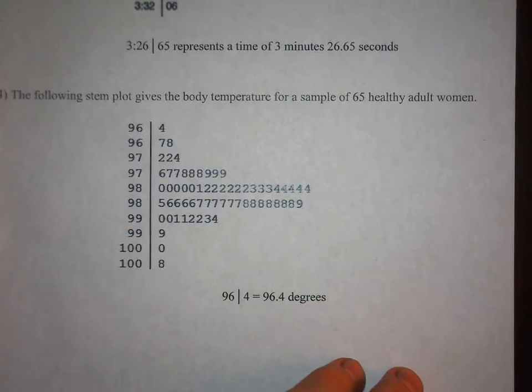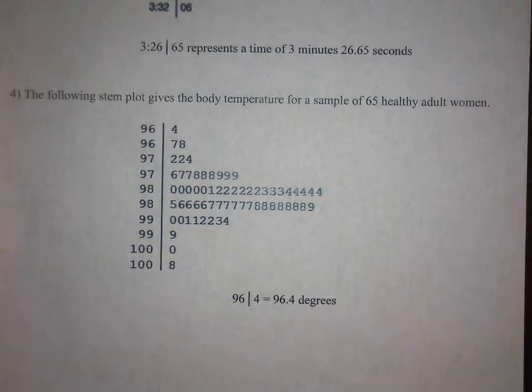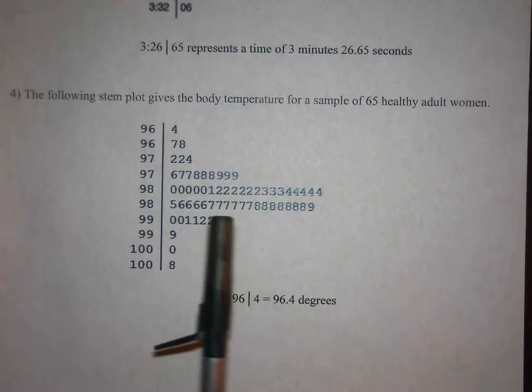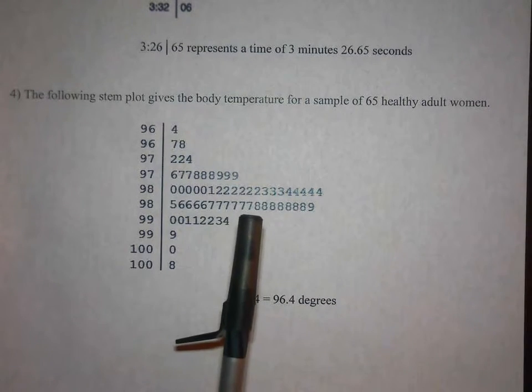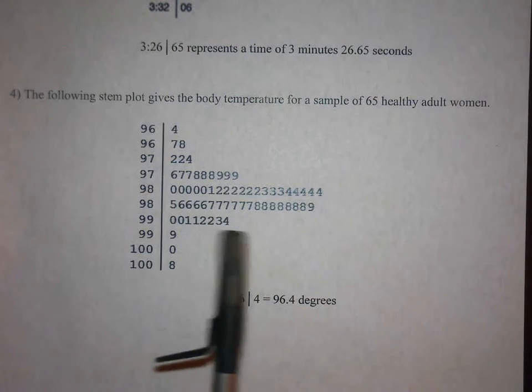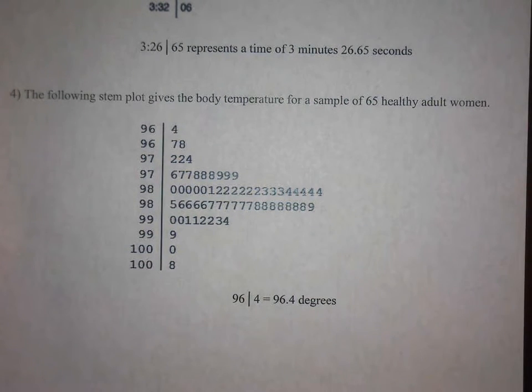Okay, then the last one, this is similar to the first one, giving body temperature for 65 healthy adult women. And you have the key down here, 96/4, meaning 96.4 degrees. What I point out on this one is when you're looking at all those values in there, I could ask you what the median is, what the mode is, which one occurs most often, where the middle number is, the percentiles, and we'll do that in a later lesson.